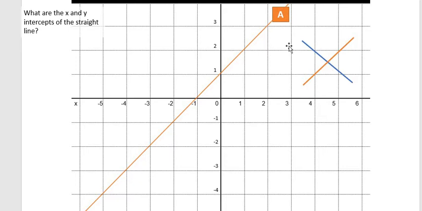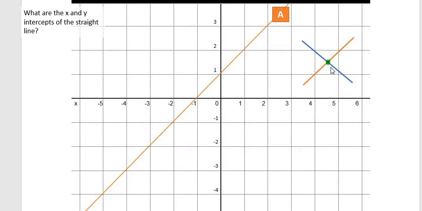And they intercept each other. When we say they intercept each other, what we really mean is the point at which they actually cut through each other or touch each other. So this orange line intercepts this blue line at this point right here. Let me just highlight that. So you can still see where they actually intersect.